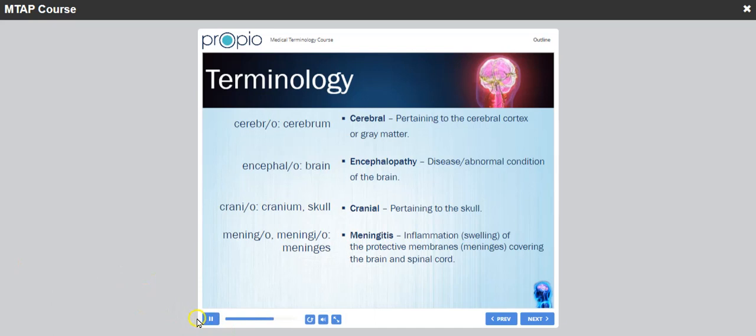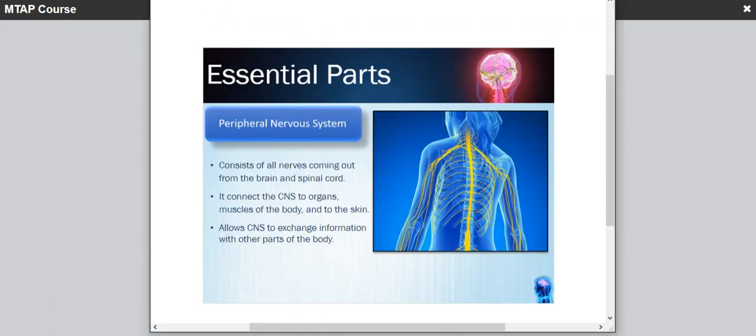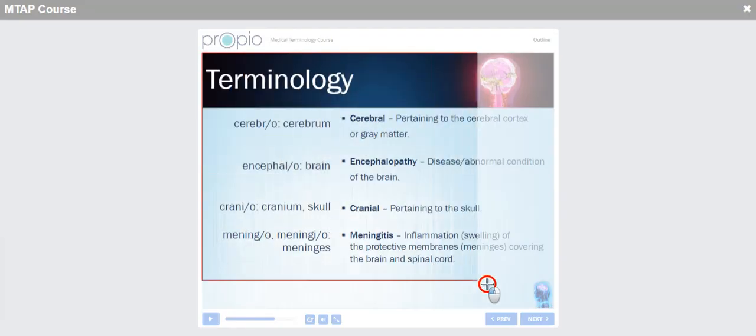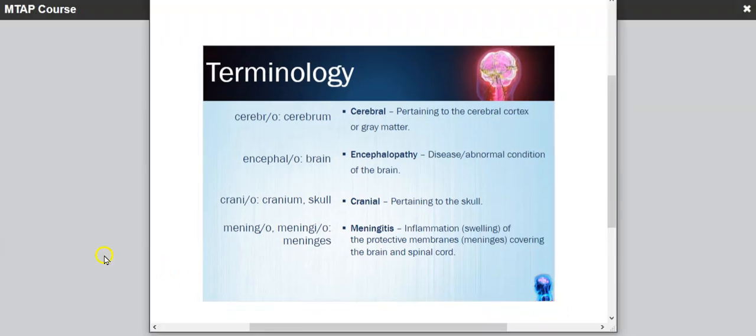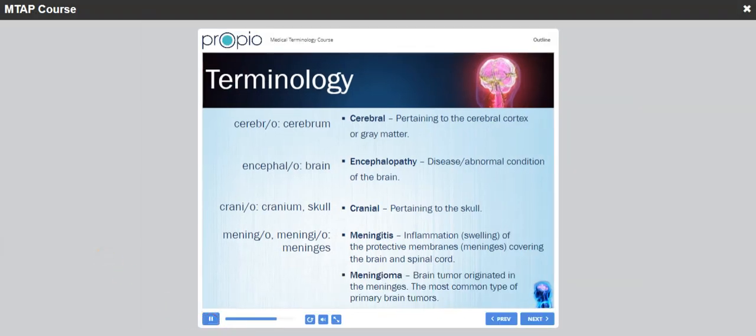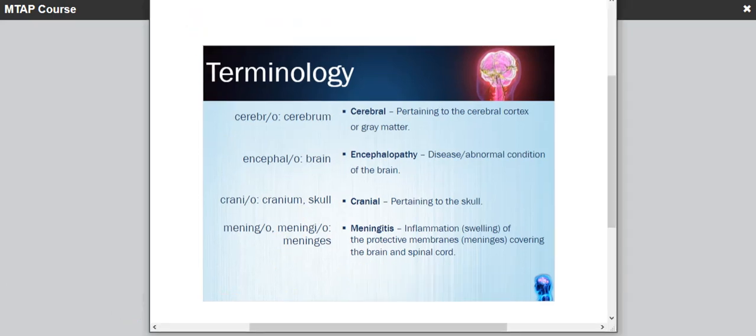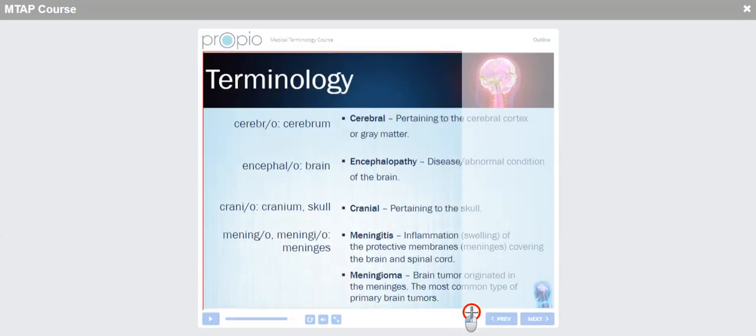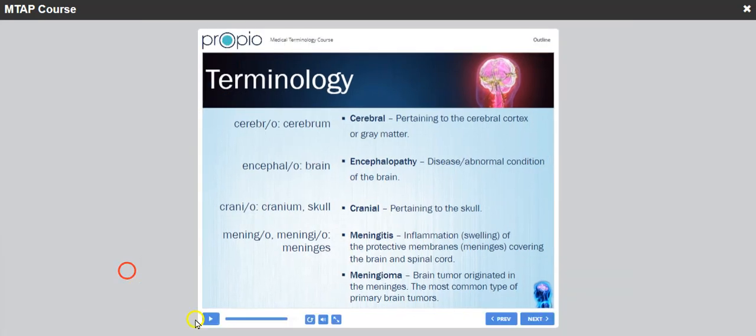The most common type of primary brain tumors. Neuropathy. It's a result of damage to the nerves located outside of the brain and spinal cord.